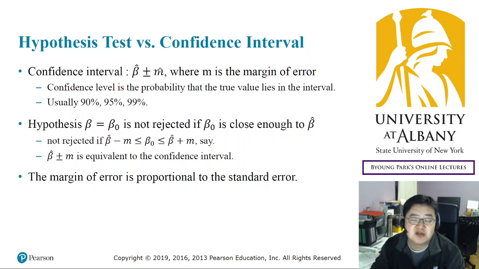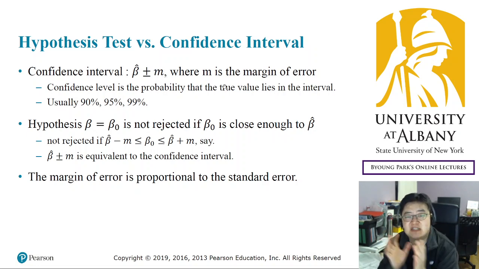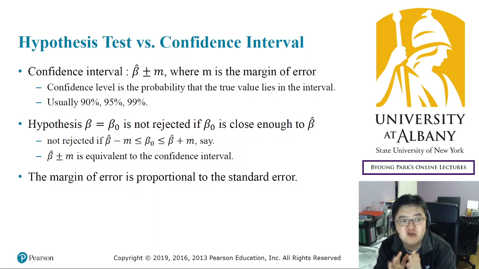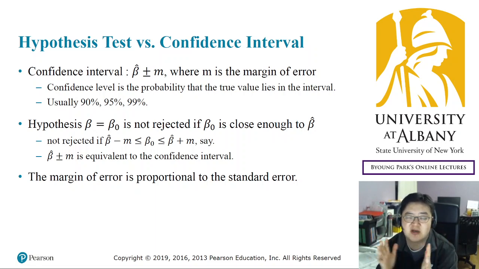M is the margin of error that shows how accurate you are. If the estimator is very accurate, you don't need a large margin of error, so the margin of error will be narrow. But if your estimator is noisy, uncertain, and unstable, then you have to allow a large margin of error to interpret the results. Therefore, the margin of error is closely related to the standard error of your estimator.